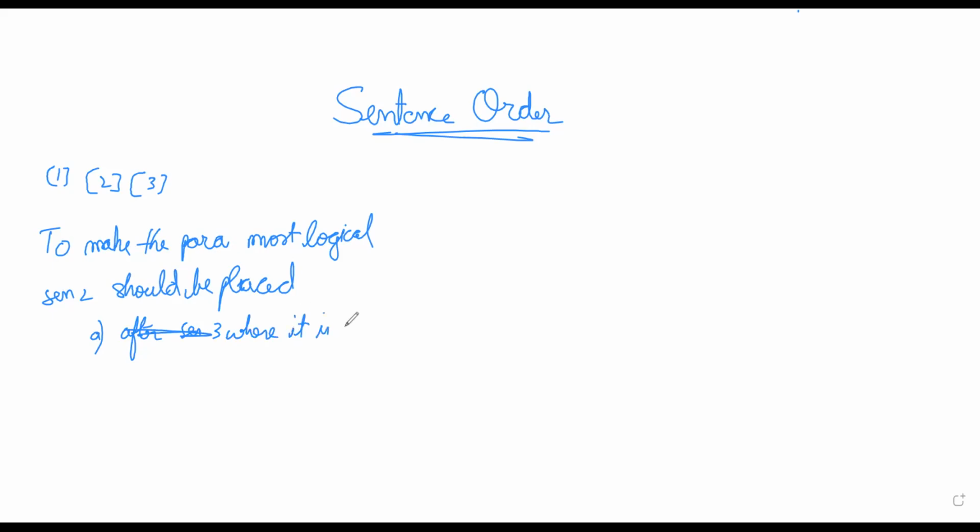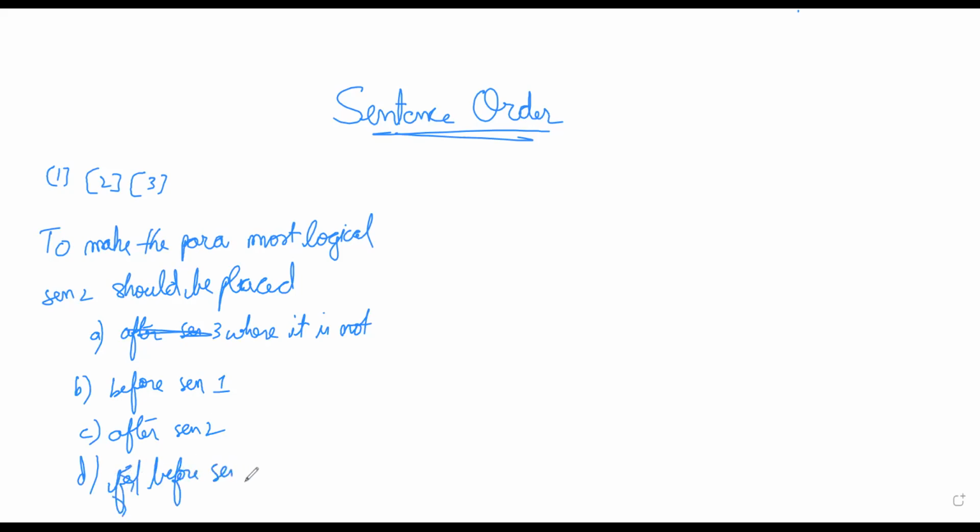B will be before sentence 1. C will be after sentence 2, and D will be before sentence 4. Like this you will be given options, whatever number of options there are, number of sentences there are.